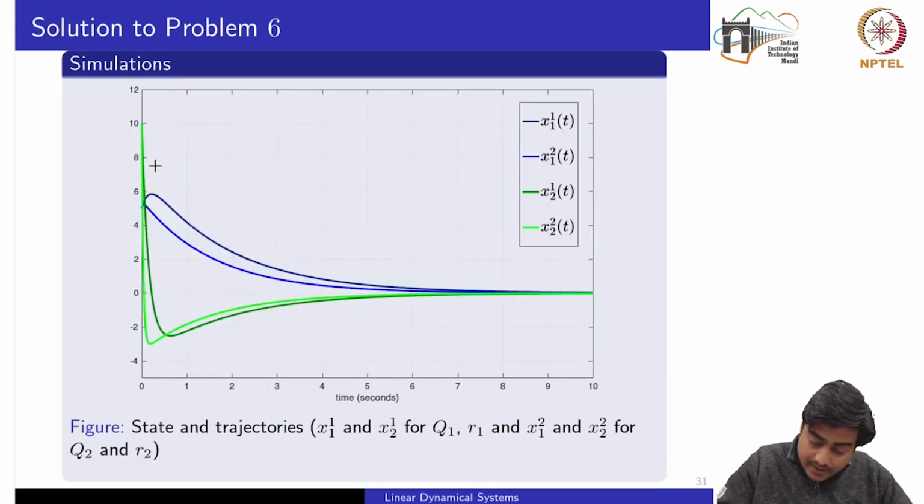Okay, and the same behavior we would expect in the state trajectories, that this is the first state trajectory of case 1, and this is the first state trajectory of case 2. So this reaches 0 faster than the first case. Similarly, the second state trajectory.